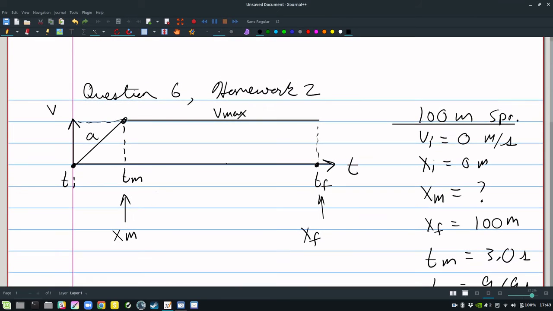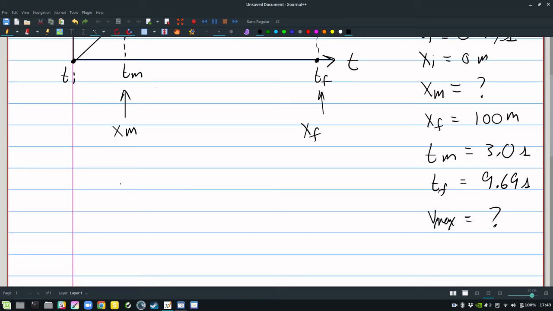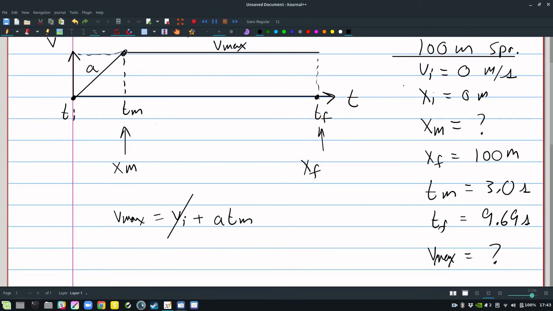You could analyze, for example, this linear portion, noting that v max is just going to be whatever the initial velocity was plus the acceleration times the time, and that time happens to be t middle. We also know that v initial is 0 because those are the rules.